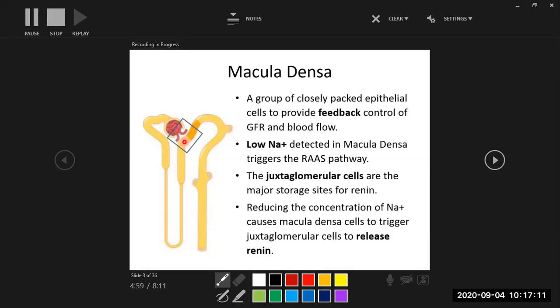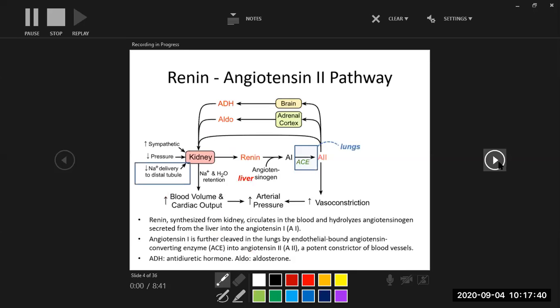It will cause the juxtaglomerular cells, they are the endothelium cells of the artery here, efferent and afferent, and then that will release renin, and following that is the renin-angiotensin pathway, and that increases blood pressure, increases GFR. Right. So this is the pathway.